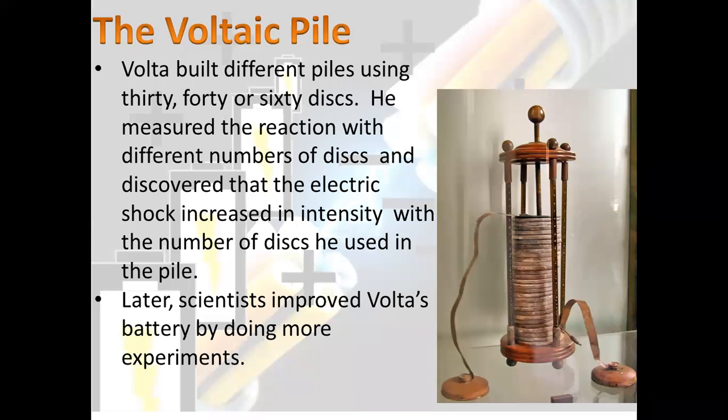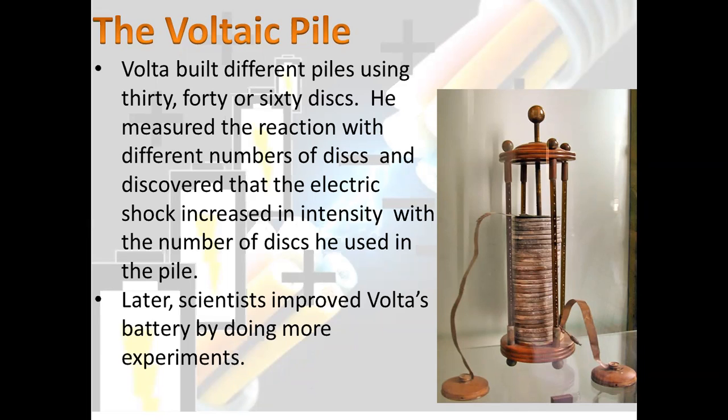Later, scientists improved Voltaic batteries by doing more experiments.